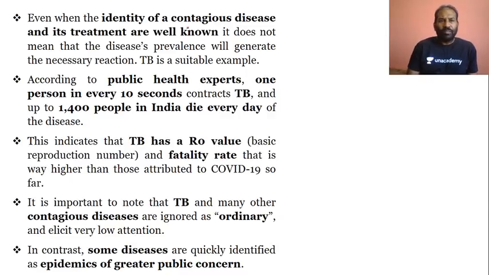And then it is very important, whenever there is an identity of the contagious disease and its treatments are well known, they have to go ahead with the necessary reaction. When we are talking about the necessary reaction, this is a keyword here.